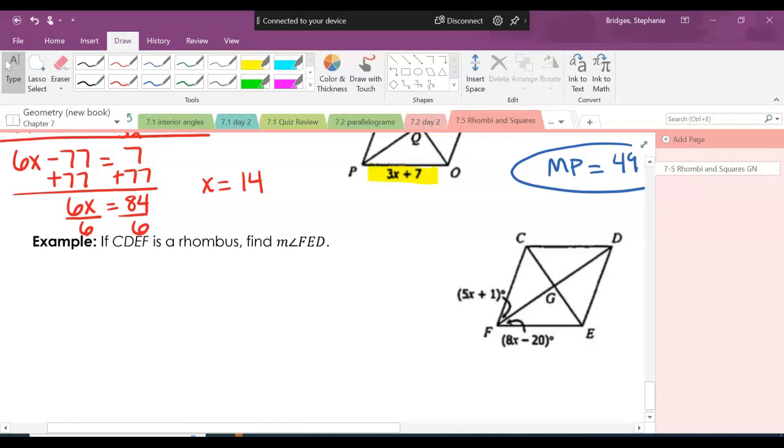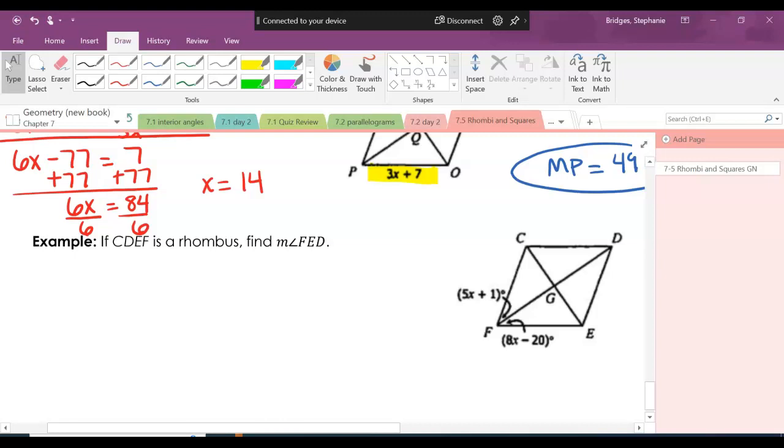If the diagonals cut the big angle in half, what do you know about the two smaller pieces? They're congruent.